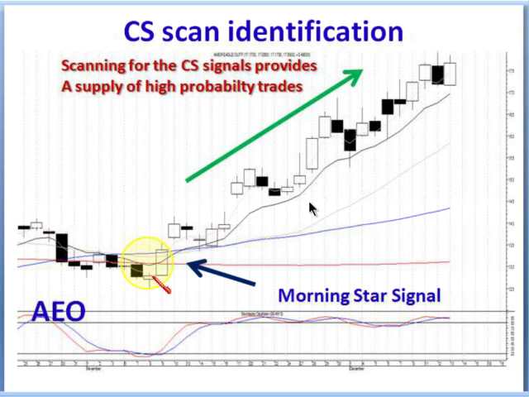The first criteria, and we even had a little bit of discussion today in the chat room. People say, isn't the stochastics too high, or are we too far away from the T-line? The answer is the first criteria that we look for on any of our trades is the signal itself, a morning star signal.